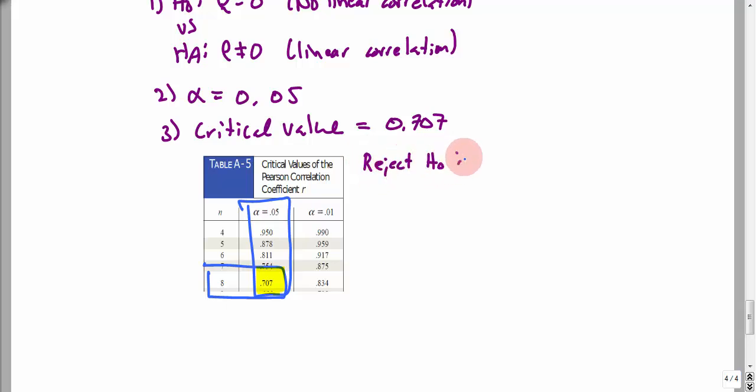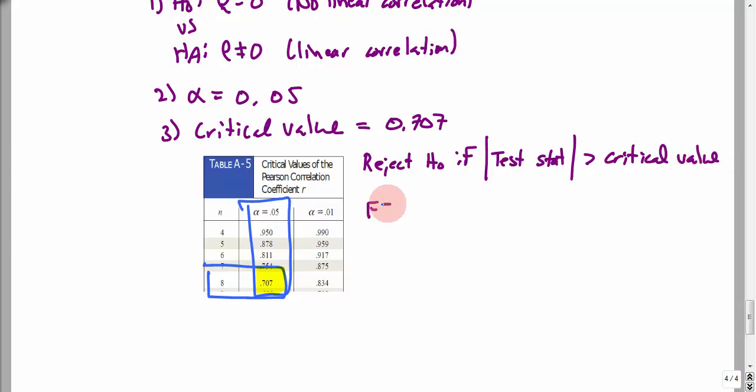Now, just as a quick rule, I will reject HO if the absolute value of my test statistic, which I'm doing in my next step, is greater than my critical value. And I'll fail to reject HO if the absolute value of my test statistic is less than my critical value.